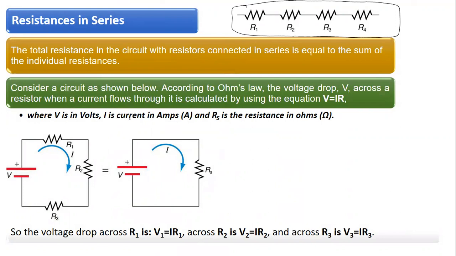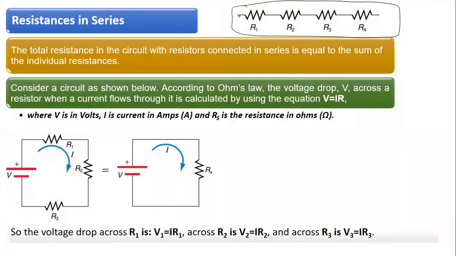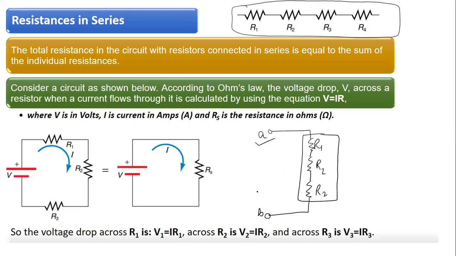Now if you have resistances connected in series across any two terminals, let us say there is a terminal wherein we have one resistance, then we have another resistance, then we have another resistance, and let us say these three resistances are connected in series with one another across these two terminals A and B. So what would be the equivalent resistance of this circuit across these terminals A and B, right? This is the purpose of this particular concept.